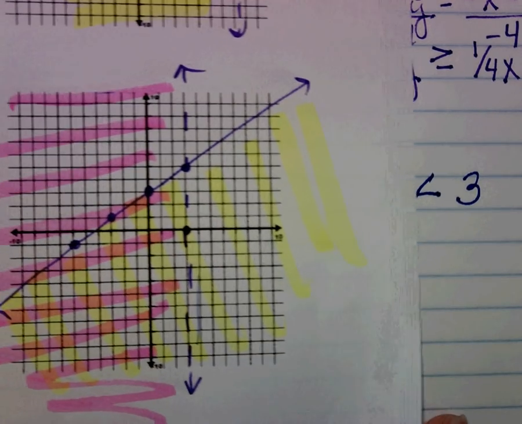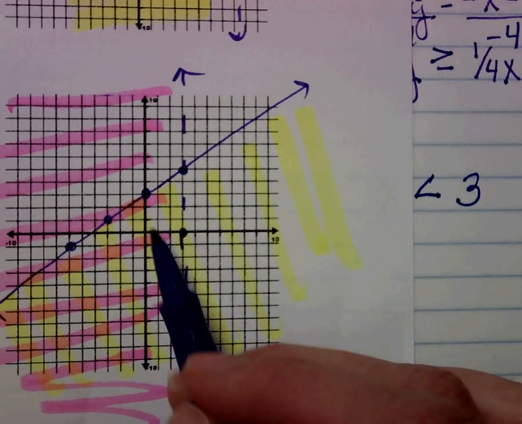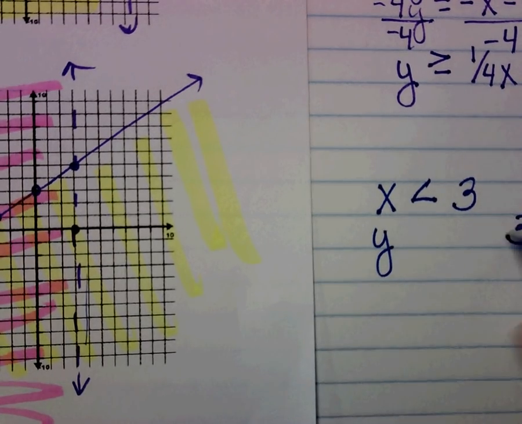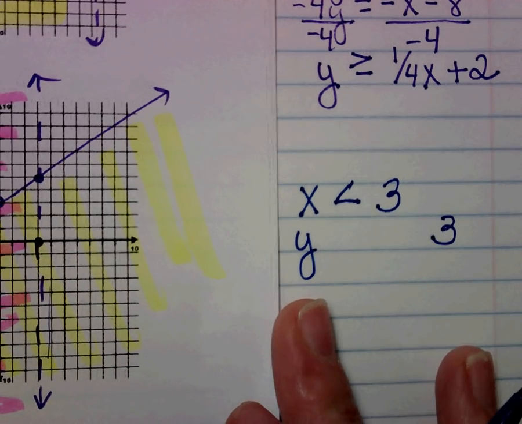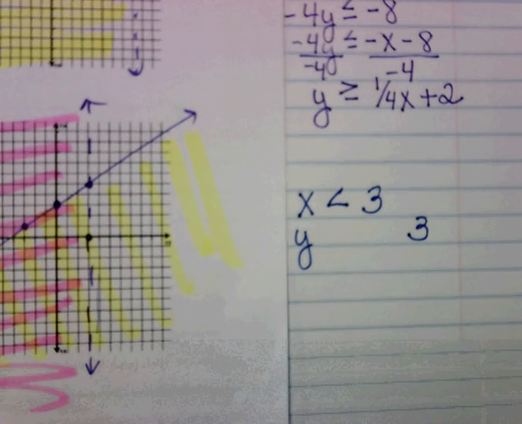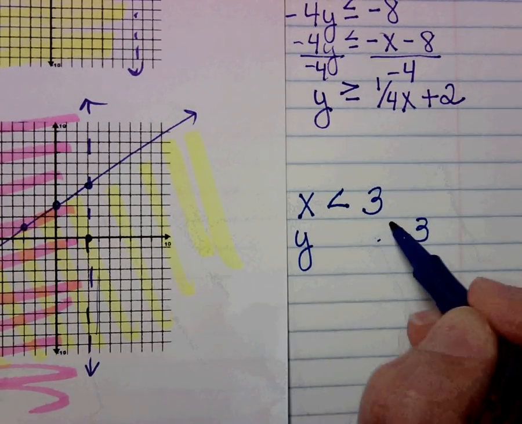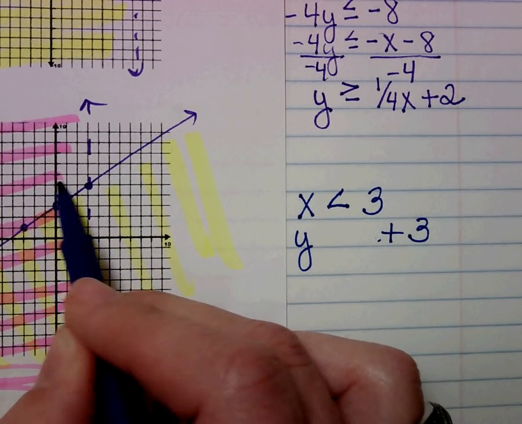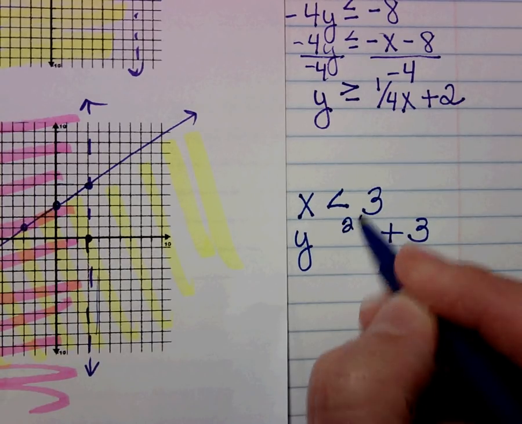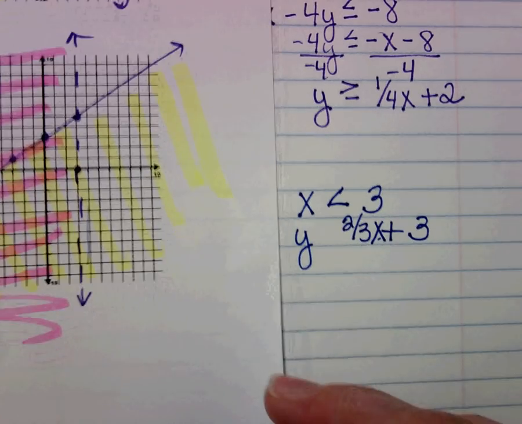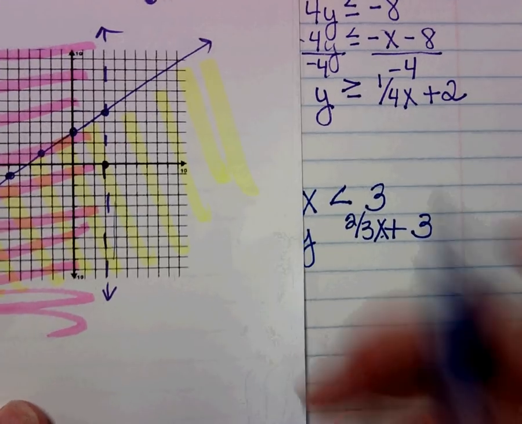Let's look at our diagonal line now. Our y-intercept is 3. I need to zoom out. Then our slope, you know to do this, is 2/3, so 2/3 x. Now we need to decide what kind of inequality symbol it is.